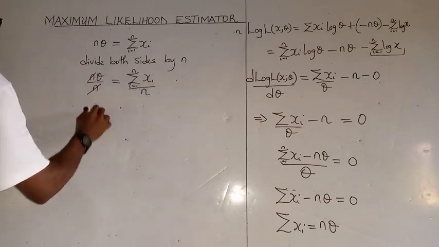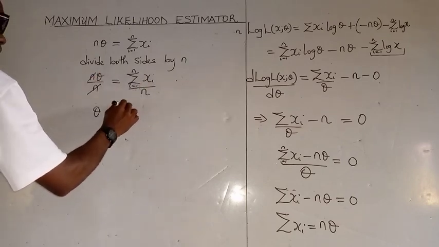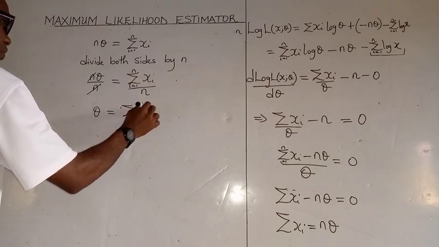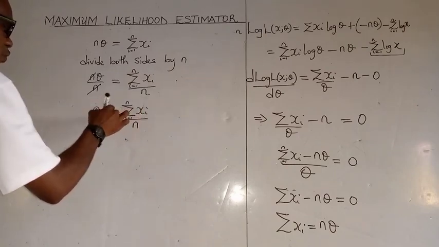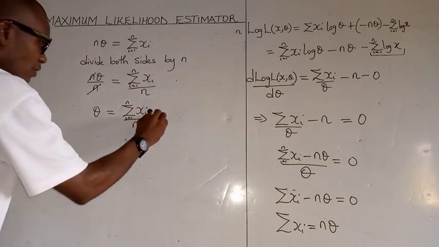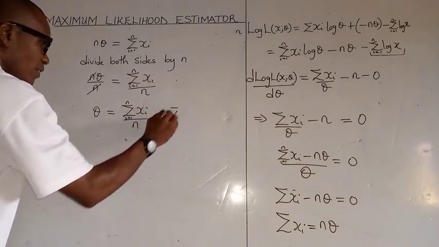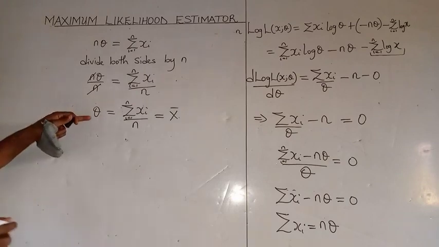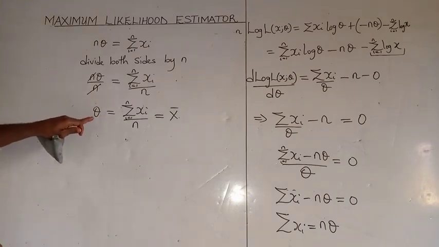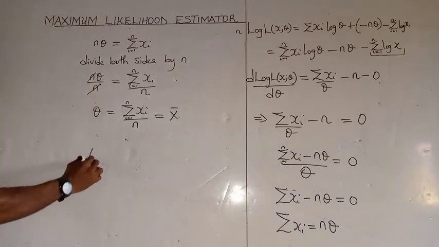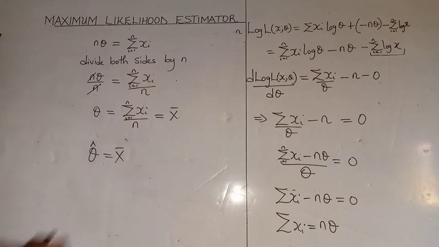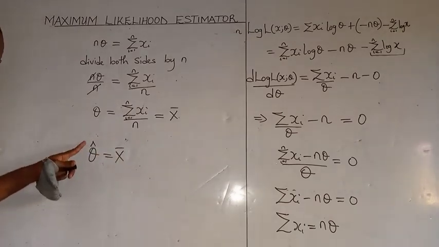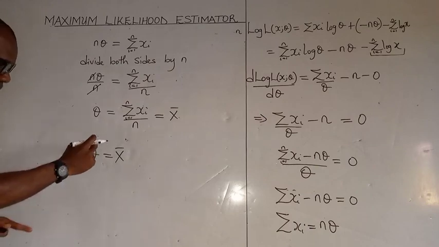So this will cancel this. We are left with theta equal to the summation of xi, i ranging from 1 to n, all over n, which of course is the mean. It means that the maximum likelihood estimate of theta will be this. Of course, theta is an estimator. That is why we put this cap on top of it.